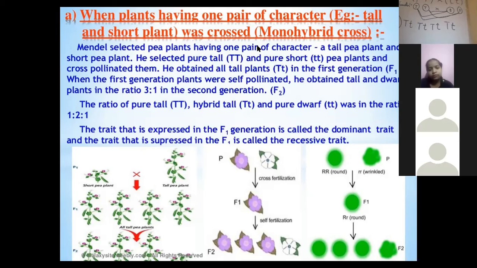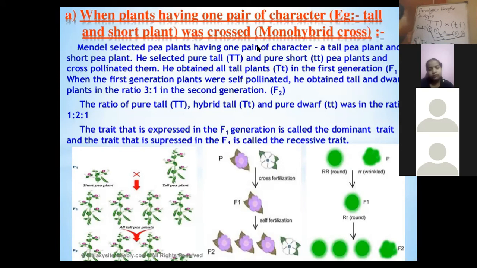The factors always occur in pairs, right? But in the gamete, there is only one factor for each characteristic. And once the pollination takes place, in the F1 generation, all will be tall.